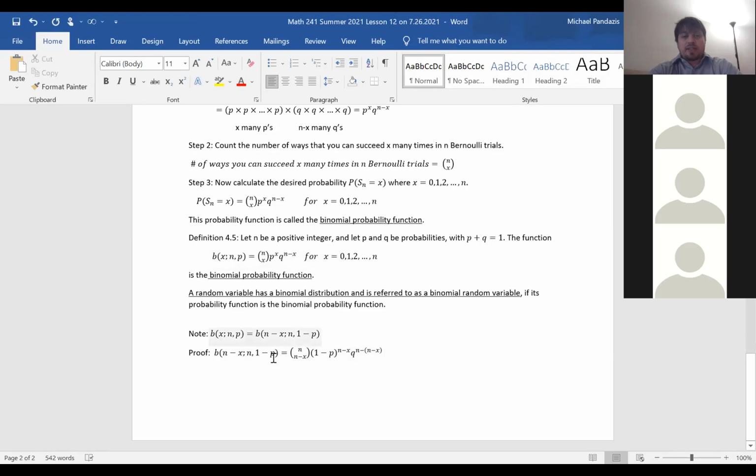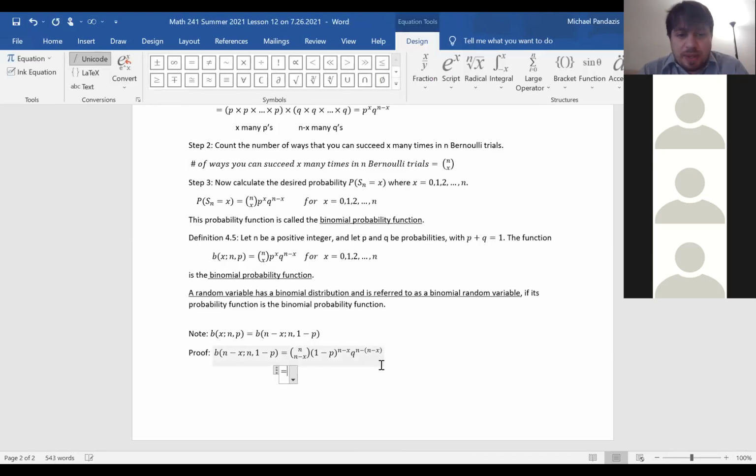Remember, q is 1 minus this probability.